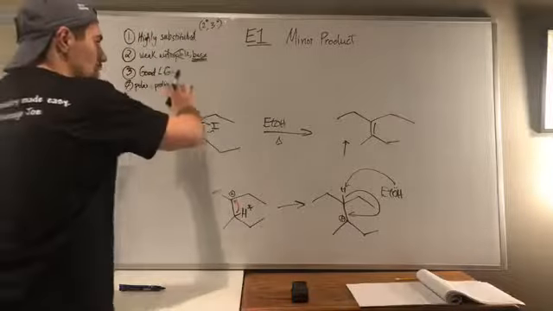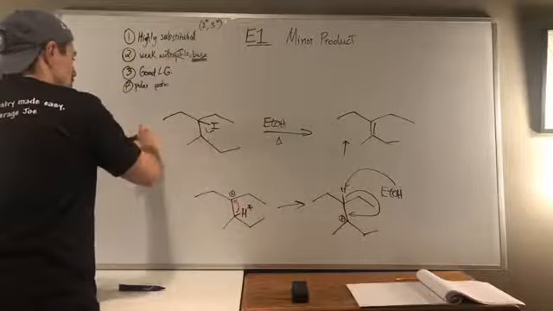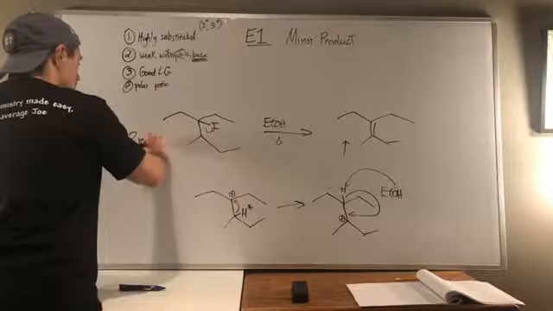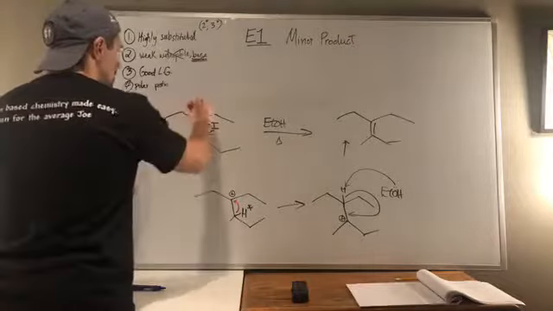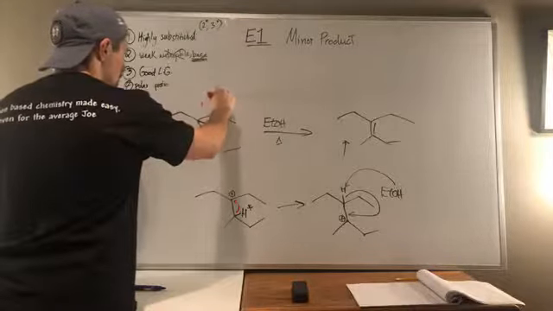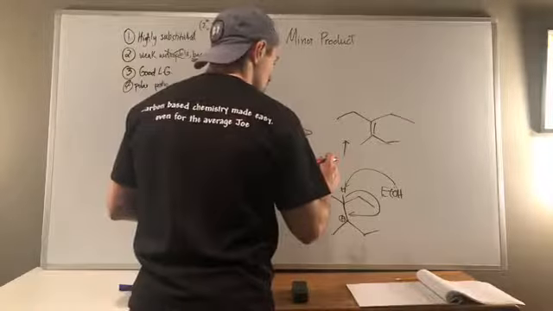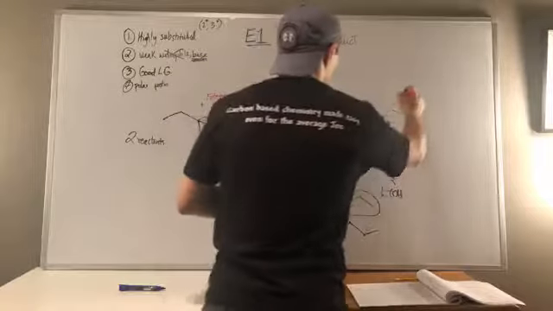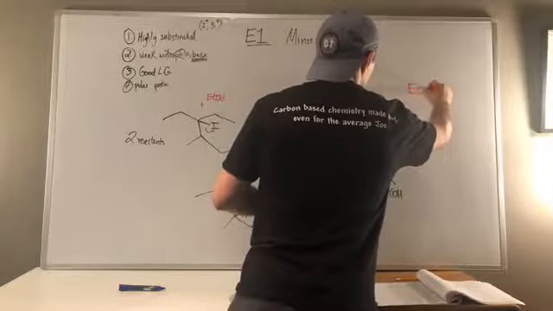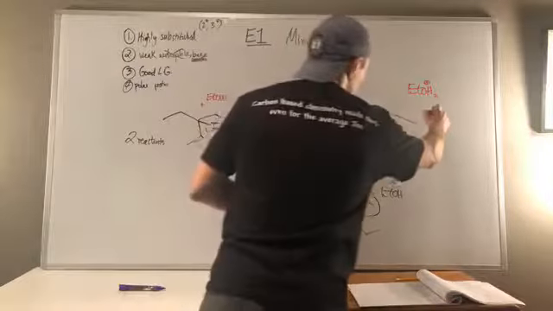If we look at this from a reactant and product perspective, we had two reactants, that being our substrate plus ethanol, and we made, at the end, EtOH2+ right there, and we also have this I minus.